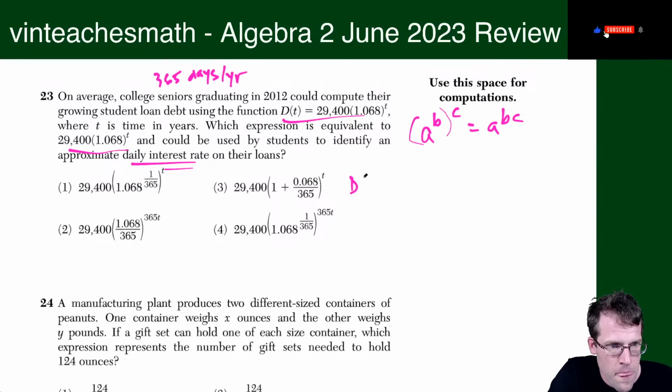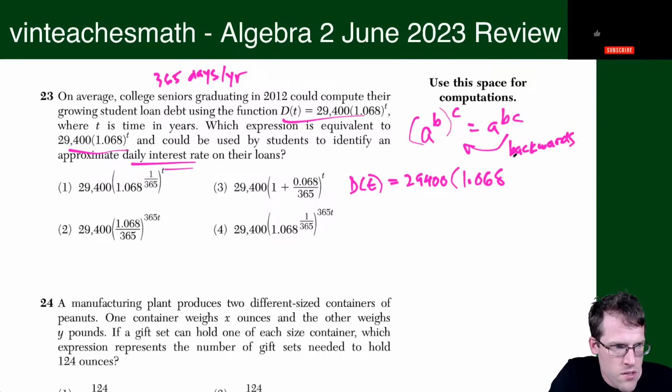So the trick here is that d of t equals 29,400 times 1.068 to the, now I'm going to do this rule, but I'm doing this rule backwards. You'll see why in a moment. So I'm going to write this to the 1 over 365. So you see how here I ultimately have a power t, but I'm going to raise it to the 1 over 365 times 365t.